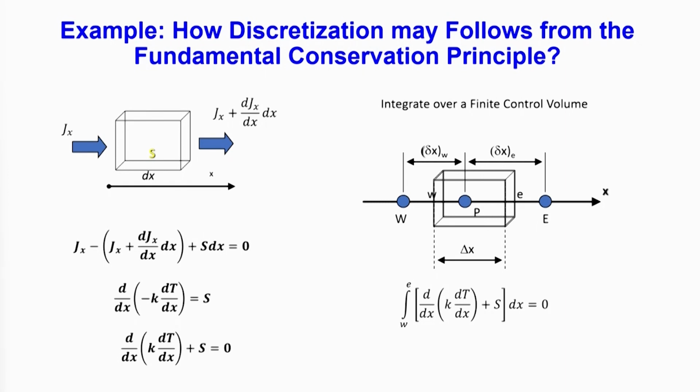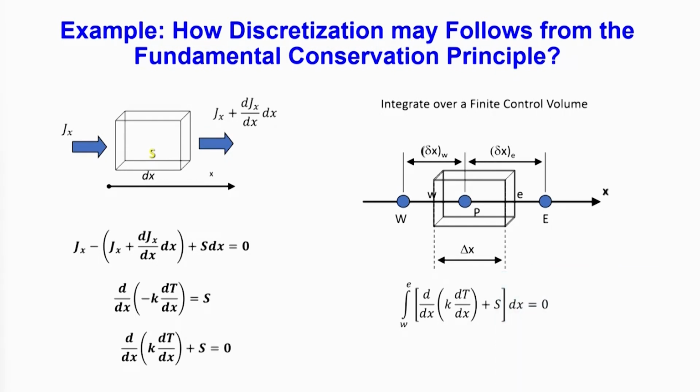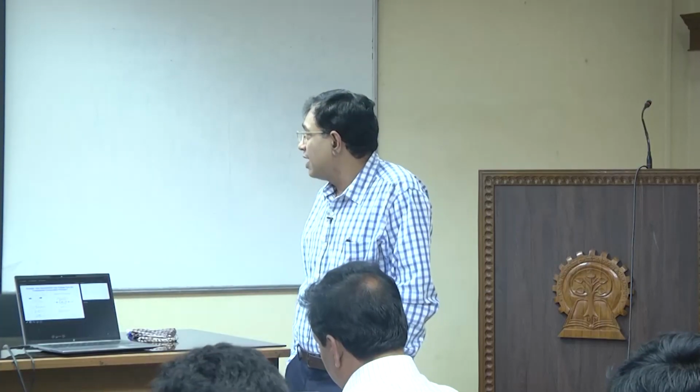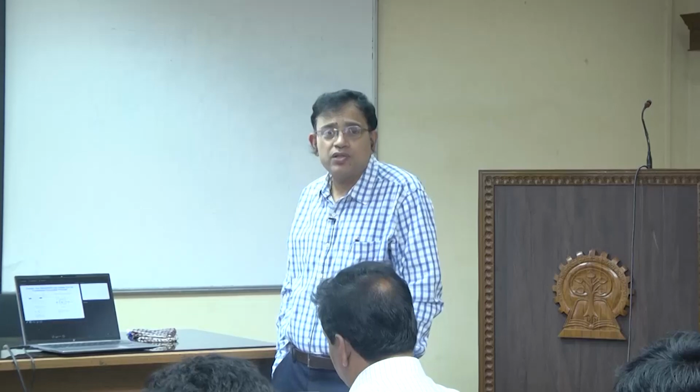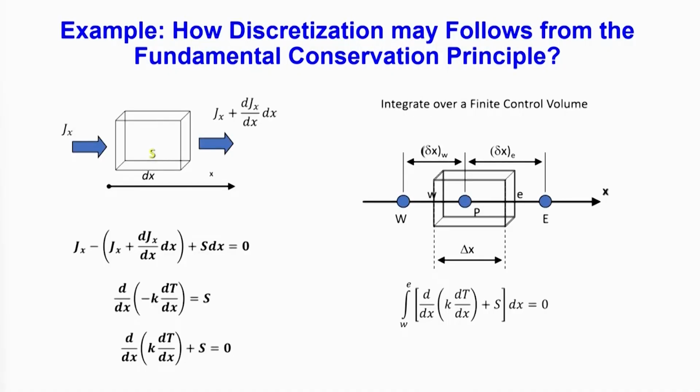Just to keep it physically meaningful, the left face is west and the right face is east, as if we are going from west to east. So, W and E, but the name of the face is in lower case, small w and small e, and the main nodal points or grid points are in capital letters. Whatever the next nodal point is, it is capital E in the east and capital W in the west, and this is the nomenclature.